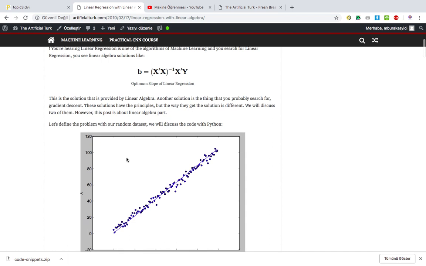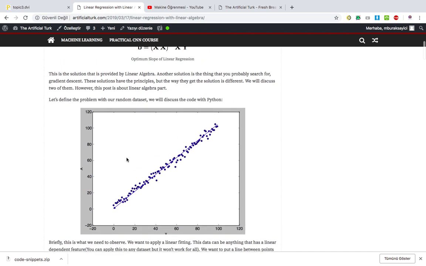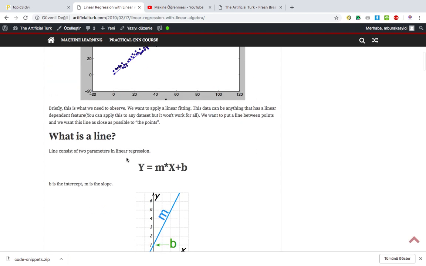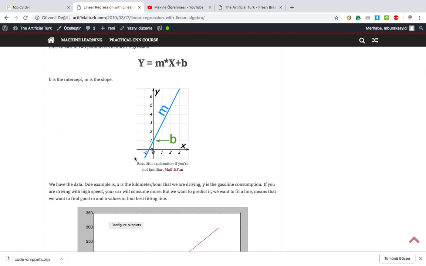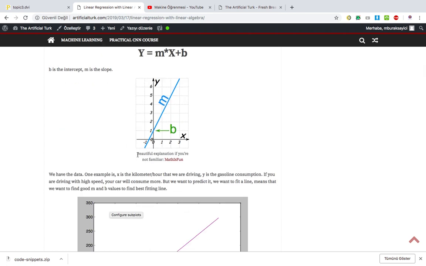Well, in real life we have some data, and probably our inputs are related to output. And we are applying machine learning models to observe the relationship between input and output, and this can be explained by the kilometer per hour, or your speed can be your input, and the output is probably the gasoline consumption.